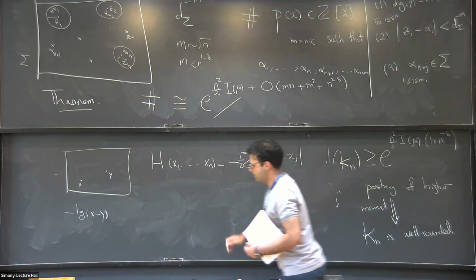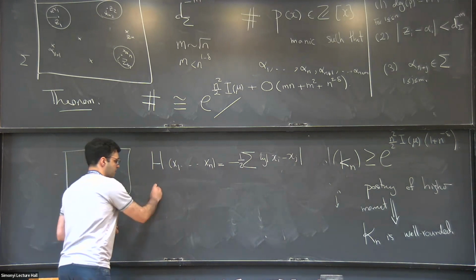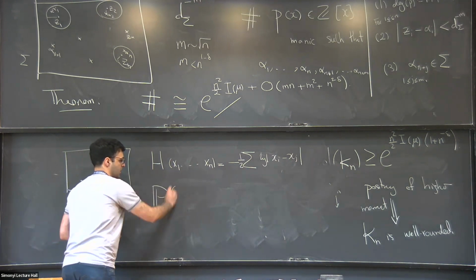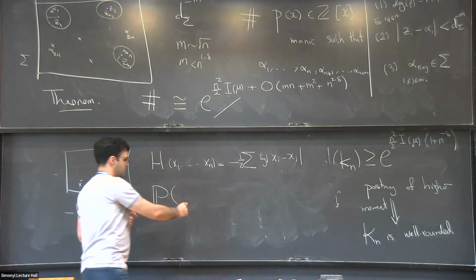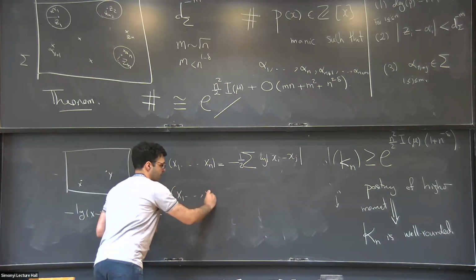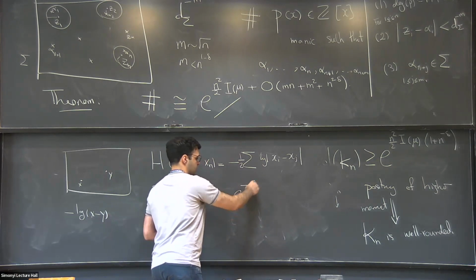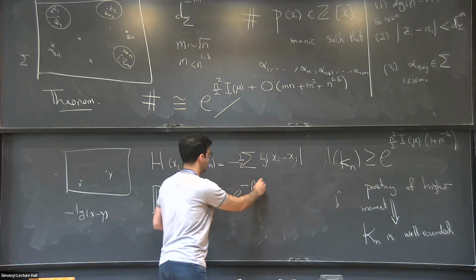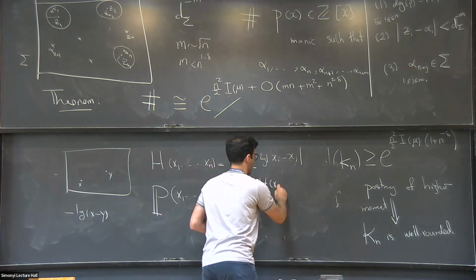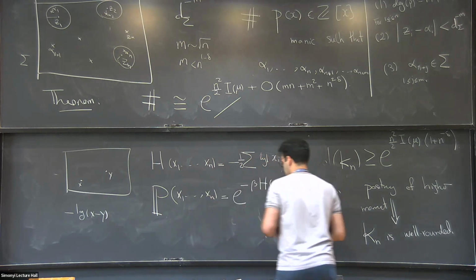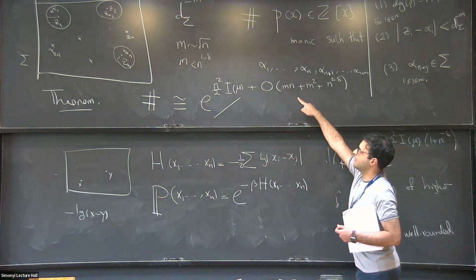So the prediction is that the probability of observing these n particles with this potential is given by e to the minus beta, the inverse temperature, times this potential function. And basically, this is going to match with our formula.